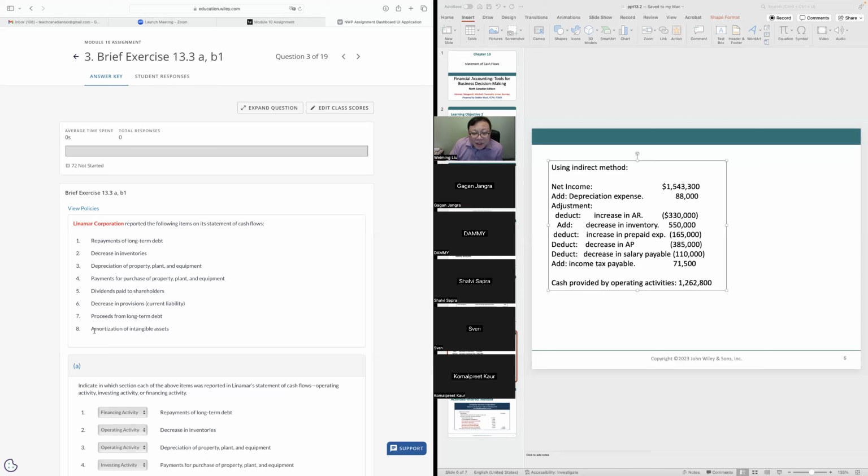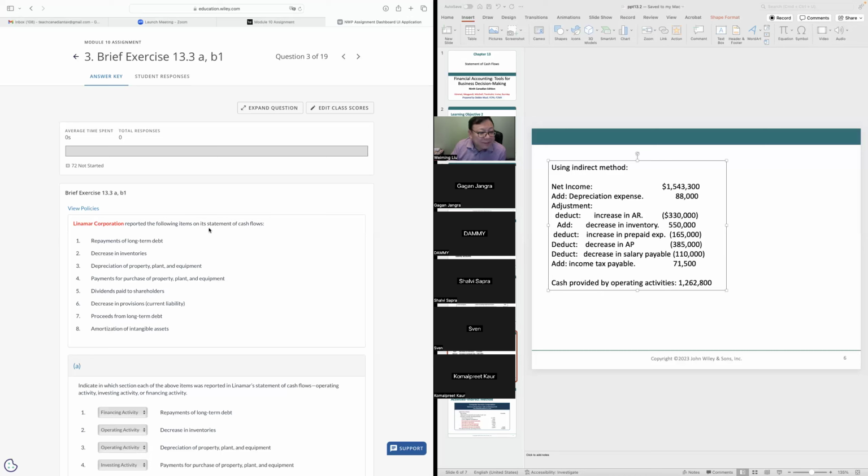So amortization is just the same as depreciation. That's correct. Depreciation is for PPE. Amortization is for intangible assets. So they are the same idea but different terminologies.